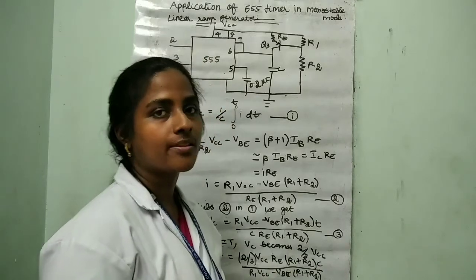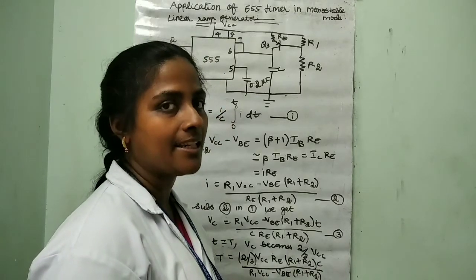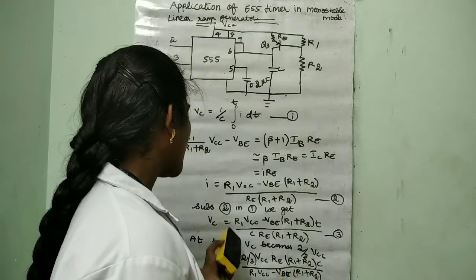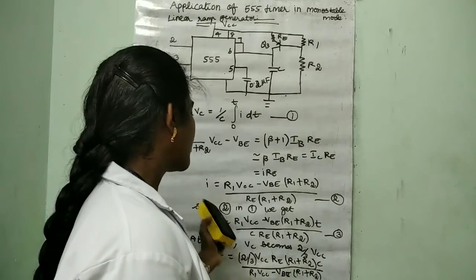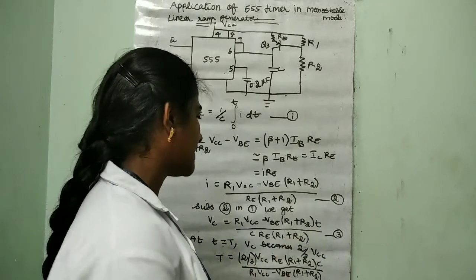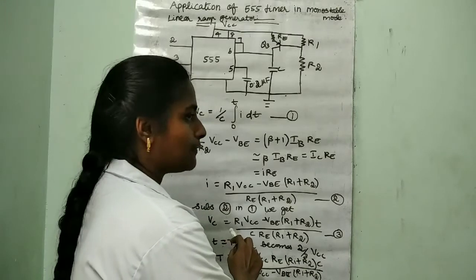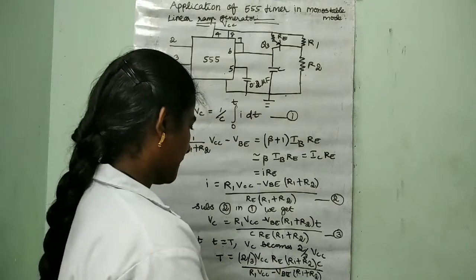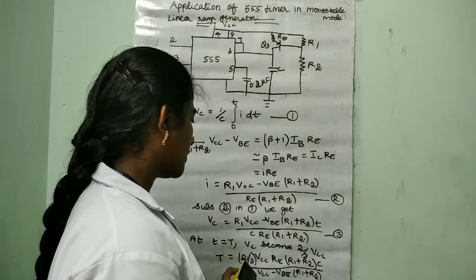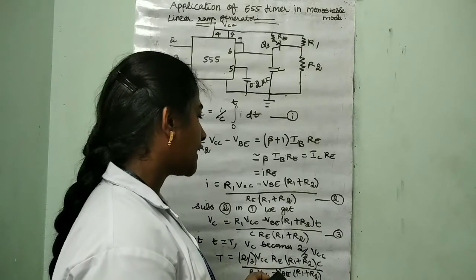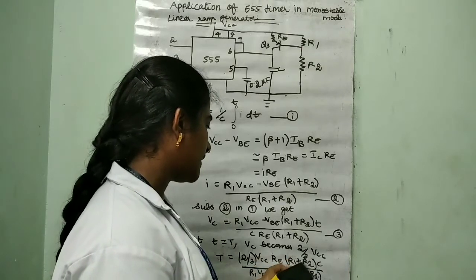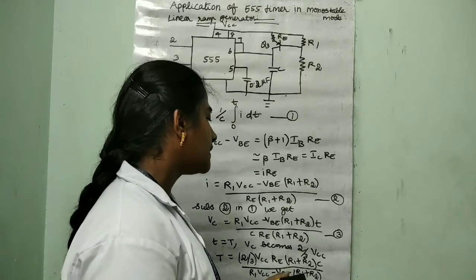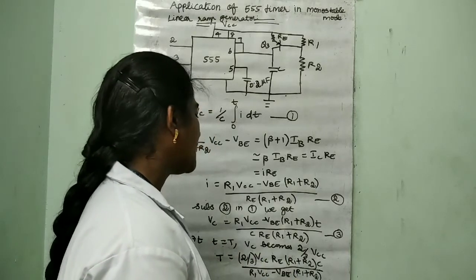So we substitute t equal to T and VC equal to 2/3 VCC in this equation and compute the value of capital T. You will get T = (2/3) VCC RE (R1+R2) C / (R1 (VCC minus VBE)). This is the total time period.